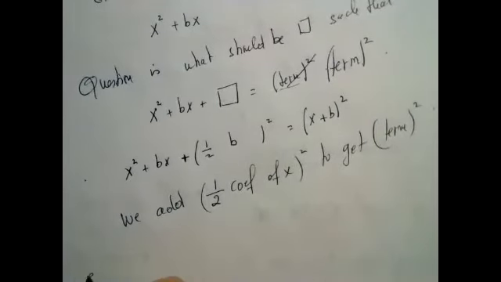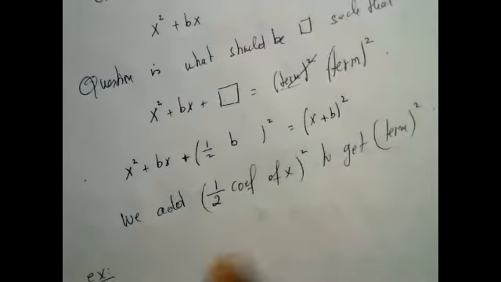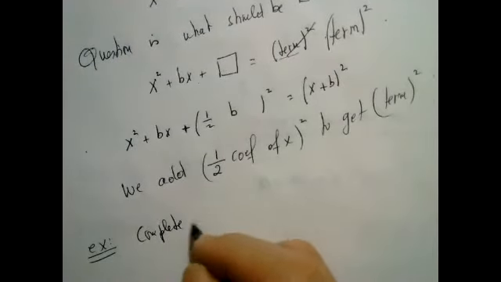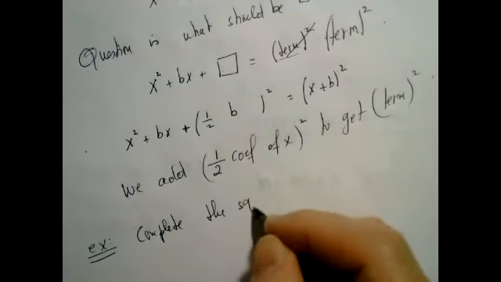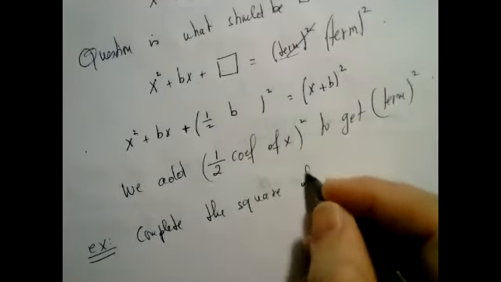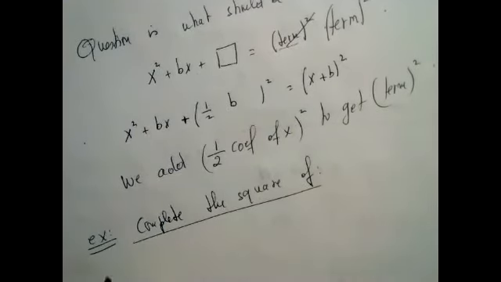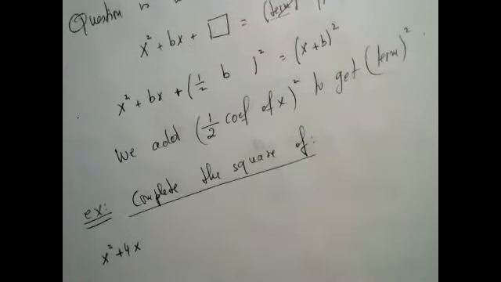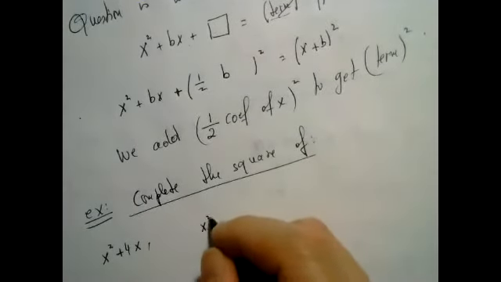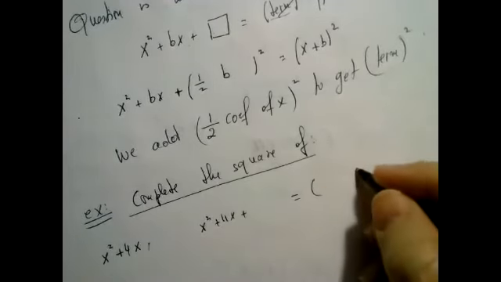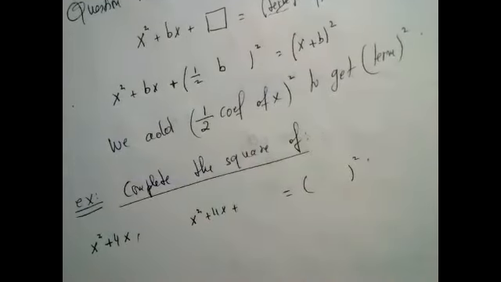So, example. Complete the square of the following. Suppose I have x squared plus 4x. The question is, what should I add to have something squared?